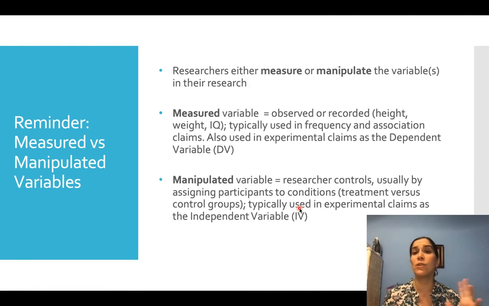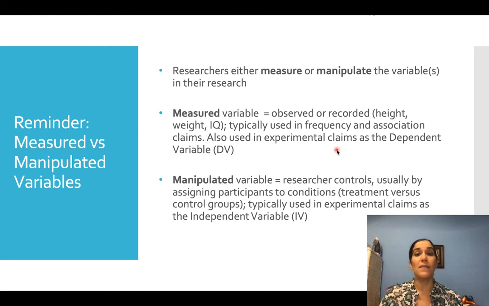Now, it's important to understand that there's a distinction between measured variables and manipulated variables. For both frequency claims and association claims, we are only talking about measured variables. These are observed or recorded in some way, such as height, weight, IQ. In an experiment, this is usually our dependent variable, the thing that you're measuring, right?